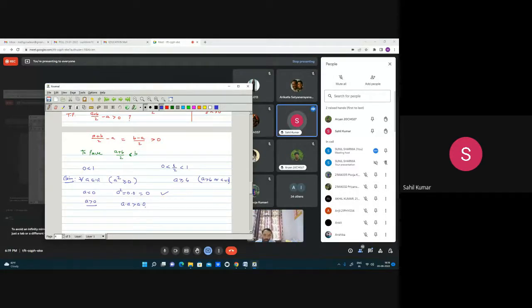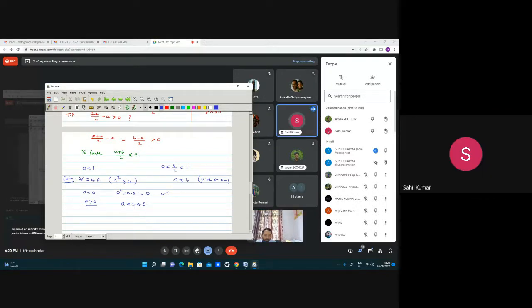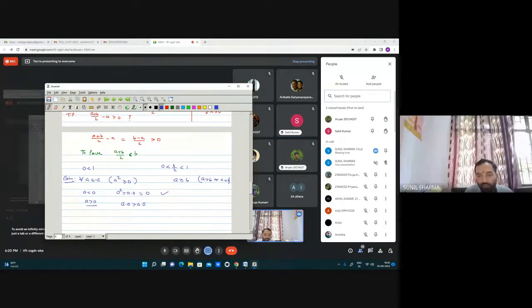Sir, A into 0 will be 0 and A into A is A square. So if we multiply by any real number, does the inequality remain the same or is there any change in the inequality? Sir, if the number is positive, then the inequality remains the same. Because A is greater than 0, right?